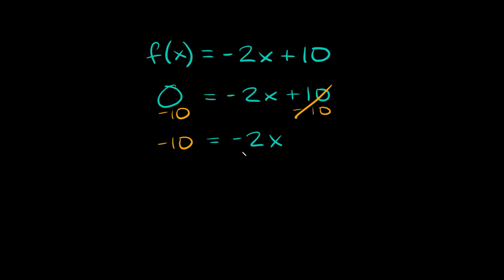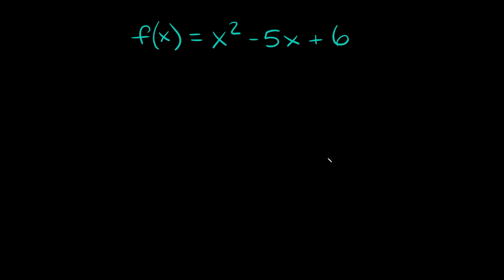Next we can get rid of this negative 2 by dividing both sides by negative 2. On this side, they once again die, and all we're left with is x is equal to positive 5. That would be our final answer right here.